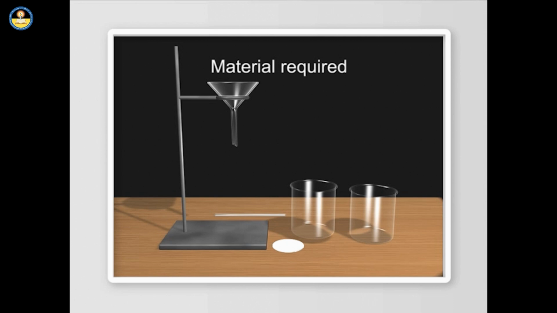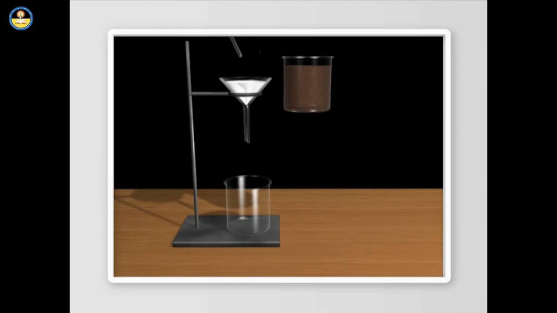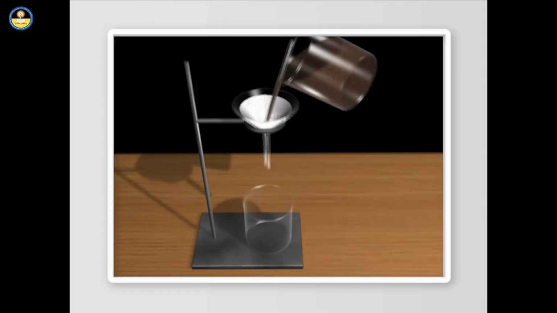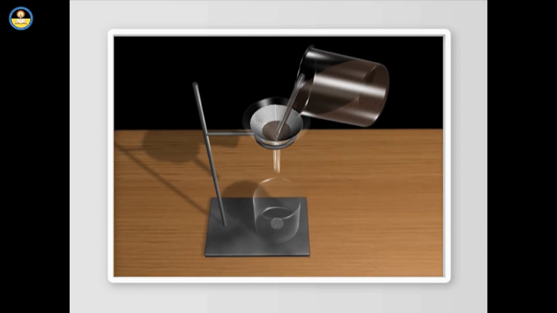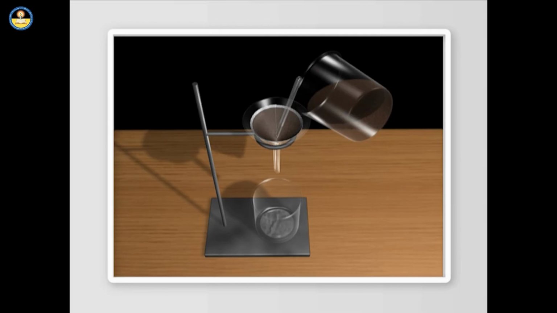The suspension of sand obtained can be easily separated from water by using the apparatus as shown in the animation. When we pour the sand and water mixture through a filter paper placed in a funnel, the sand collects in the paper while water flows through.